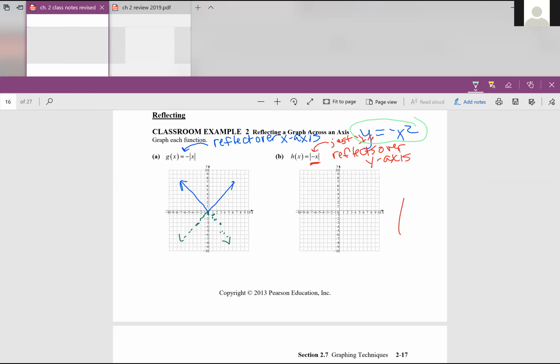Down. Very good, because that's what that negative sign is telling us is going to happen to it. If it's positive, it tells us it opens up.